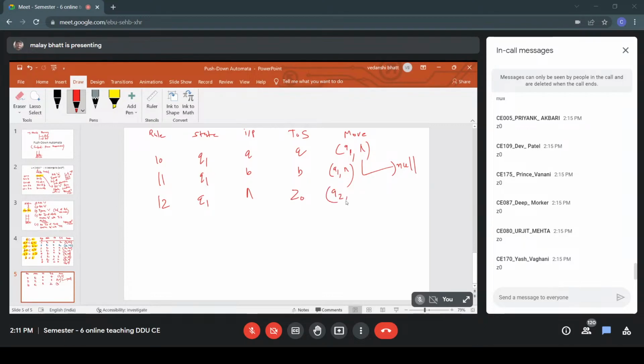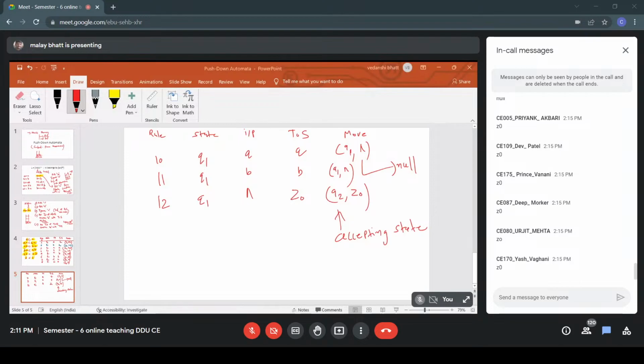So we'll write Q2 Z0, where Q2 is the accepting state. That we reach the accepting state.